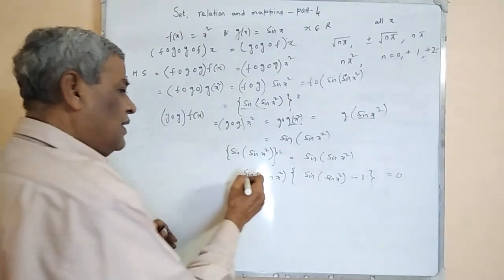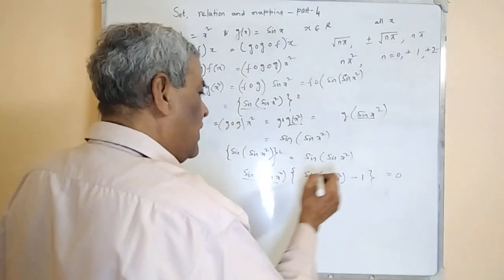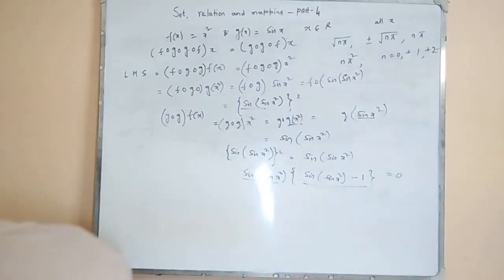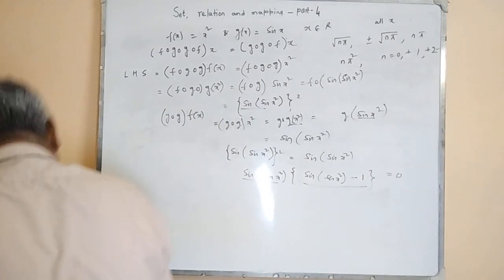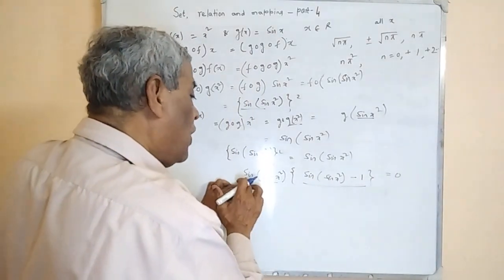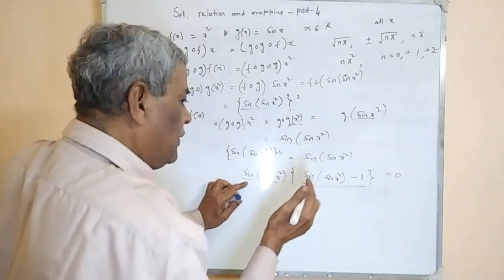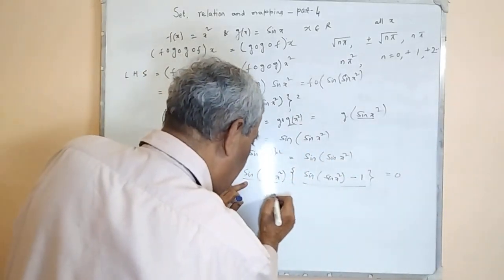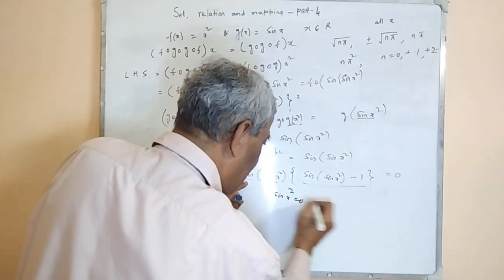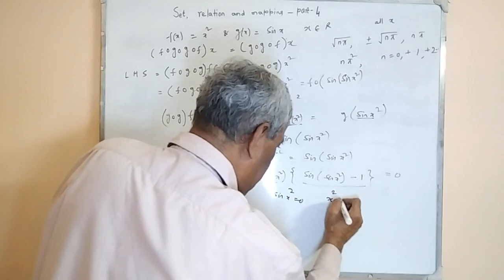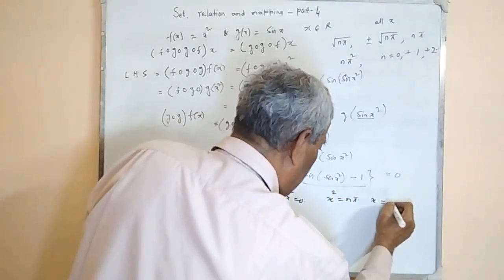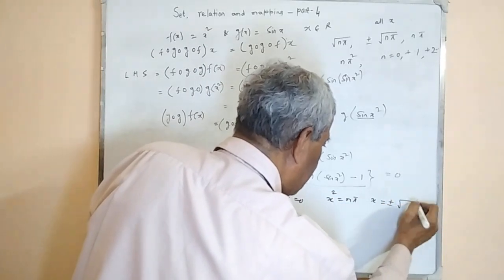So we get either this is 0 or this is 0. If this is 0, sine of sine x square is 0, means sine x square is equal to 0. That is x square is equal to n pi, that is x is equal to plus minus root over of n pi.